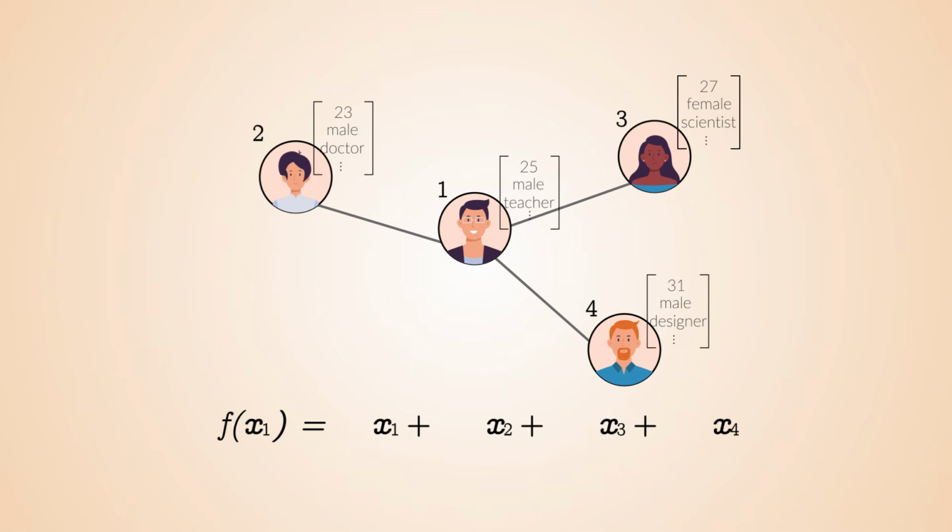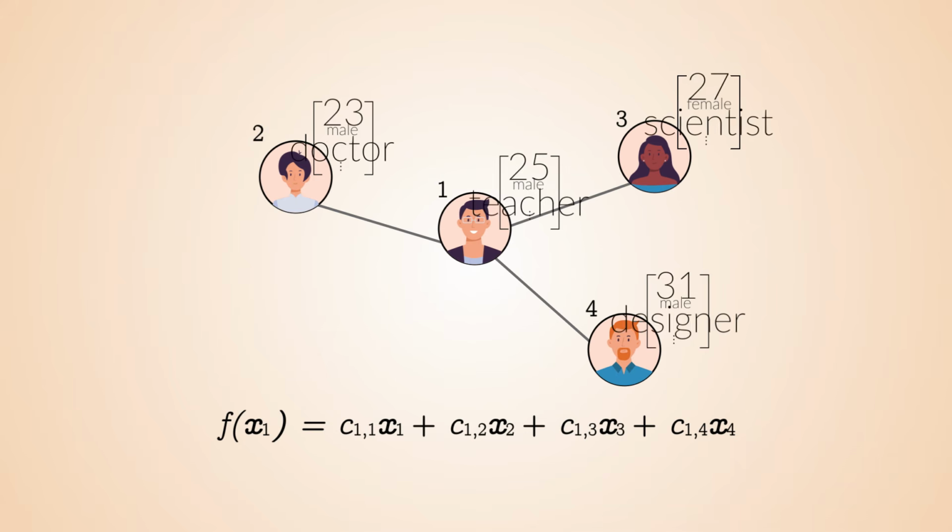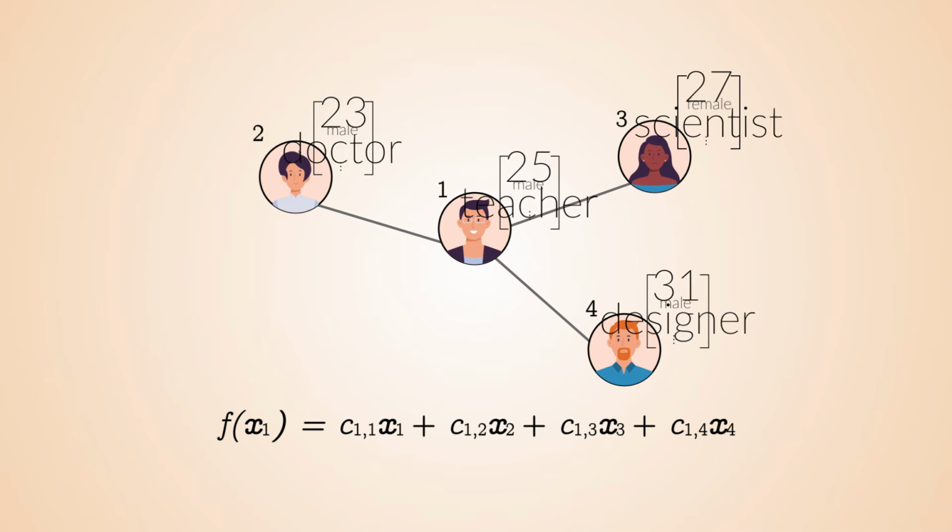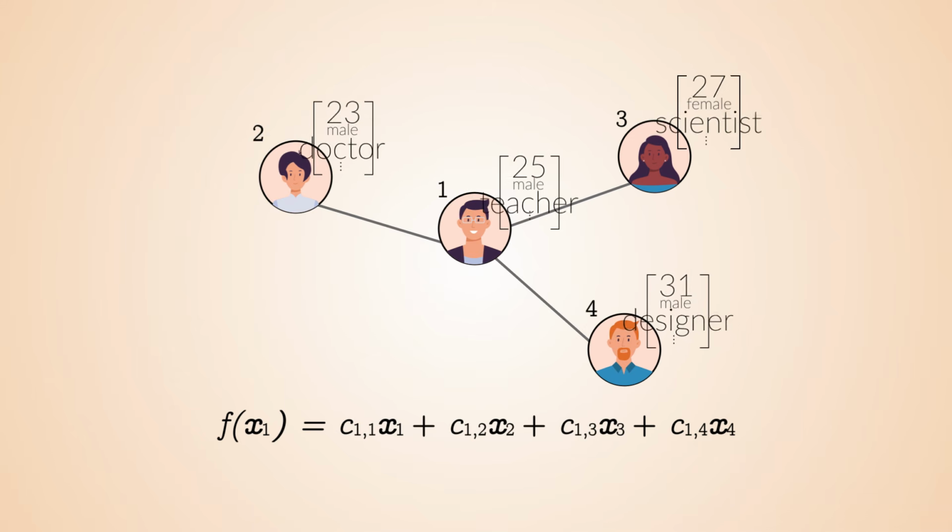For Andy's case, this could be based on the number of connections that each node has. We express these as constants, since they are fixed by the graph's structure. Similarly, depending on the final task, we might want to weigh each feature of the nodes differently. For Andy's match-finding example, maybe a combination of age and education is more important.